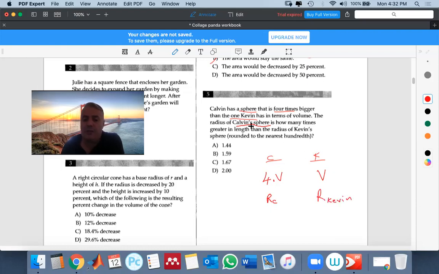So the radius of Calvin's sphere is how many times greater in length than the radius of Kevin? So R Calvin is equal to X times R Kevin. This is the question. Am I right? How many times greater? So how many times multiplication?